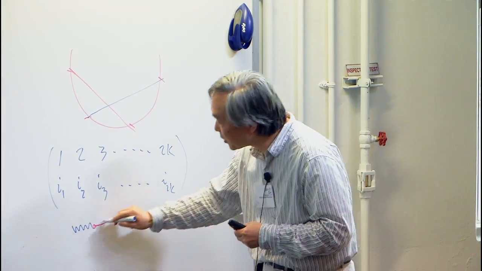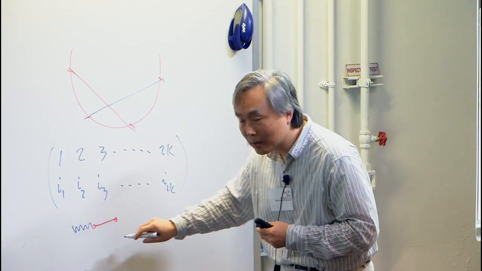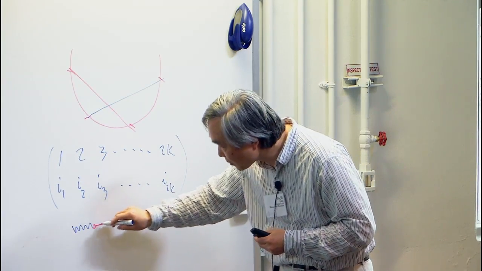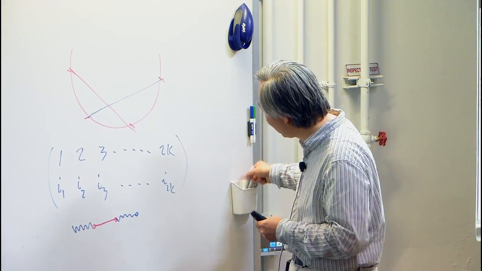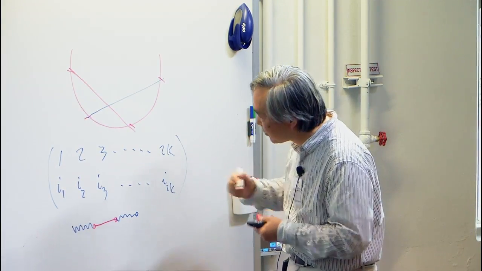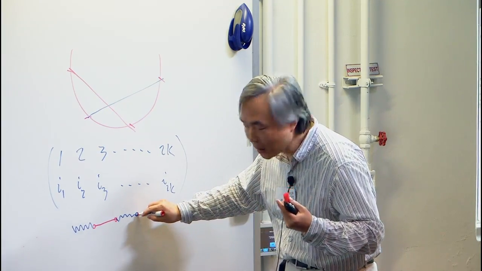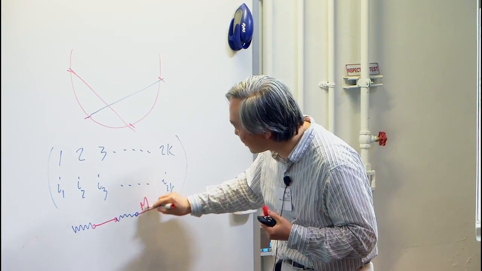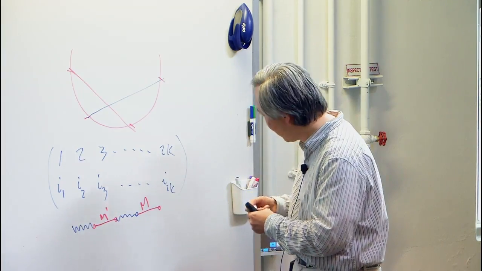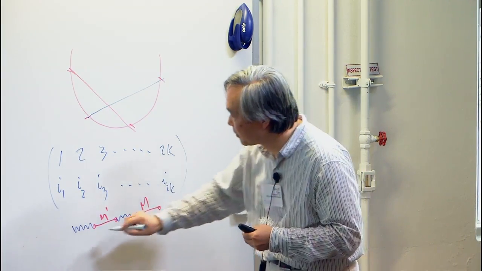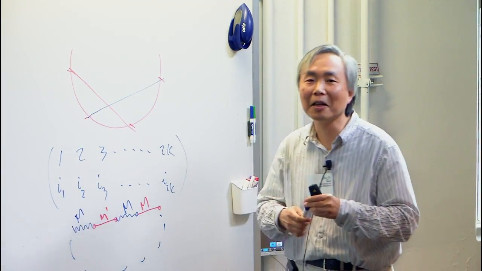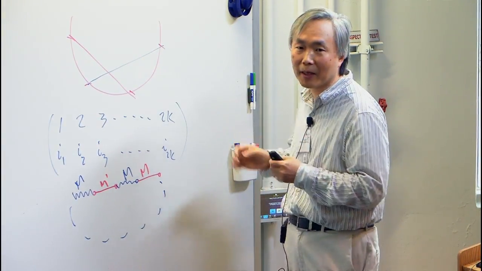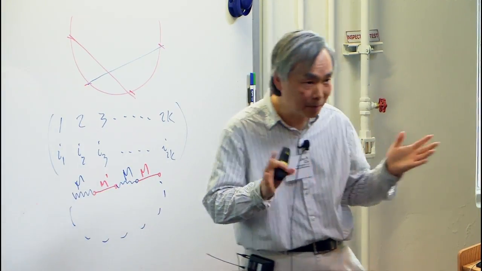And then this vertex must be matched by M, so there's another one. Since we're talking about finite graphs, eventually it has to come back to the start, and that's the only place it can go.